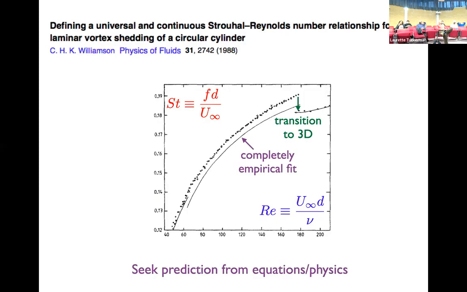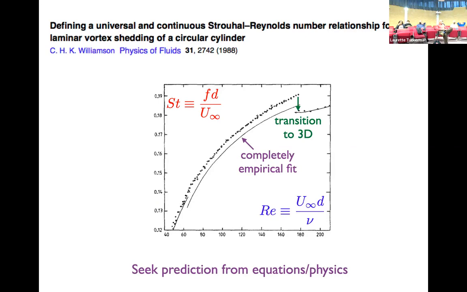That question is considered so basic and important that here's a paper by Charles Williamson, who did a lot of experimental work on the cylinder wake. What he's plotting is the non-dimensional frequency, f D over U infinity, where D is the diameter of the cylinder and U infinity is the flow coming in from the left, as a function of Reynolds number.